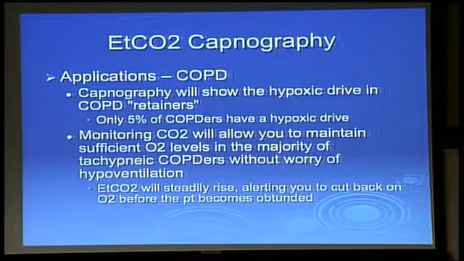So a climbing end-tidal CO2 in someone with COPD is a poor predictor. And then monitoring that CO2 will allow you to keep adequate oxygenation without worrying about making them hypoventilate. So it's something that's important to continuously monitor.